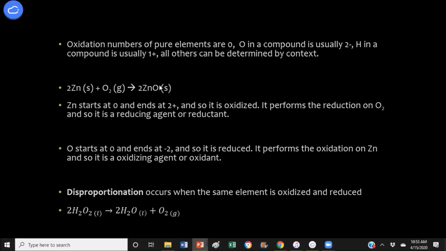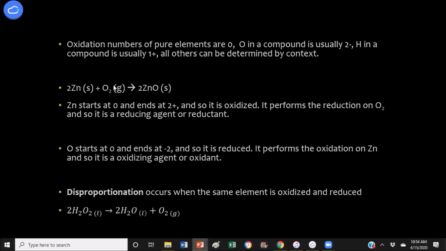Oxygen in a compound is probably -2, which means this zinc has to be +2, because for a neutral compound, all the positives and negatives have to add up to cancel out. So zinc starts at 0 and goes to +2. Because it's starting at 0 and becoming more positive, it's losing electrons, because a positive plus a negative cancel out. So it's losing electrons, so it must be oxidized.